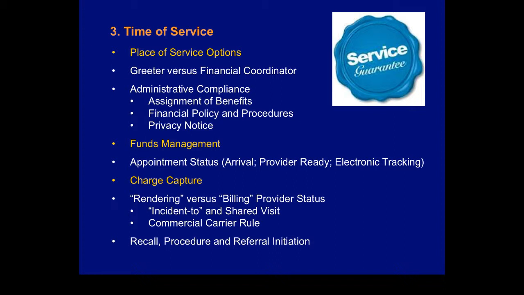Incident-to and shared visits. If I have to bill to a commercial carrier under the physician's name as a collaborator, I want a second provider ID number. So I have provider 01, which is the doctor collaborator. I have the nurse practitioner, whom I can bill individually, independently, for services to commercial payers, Medicare and Medicaid, 02.